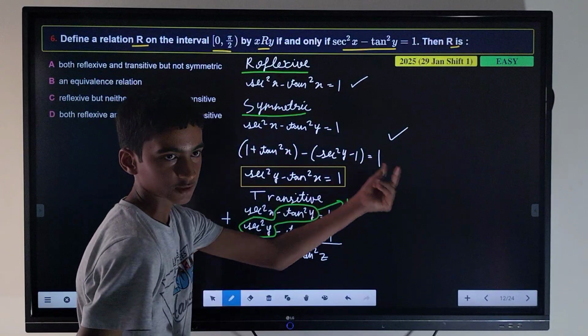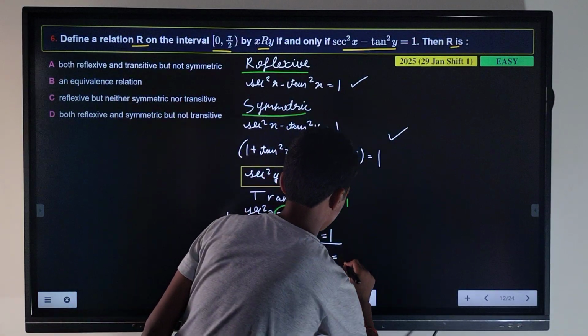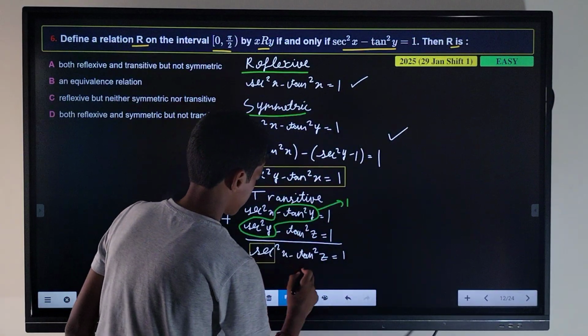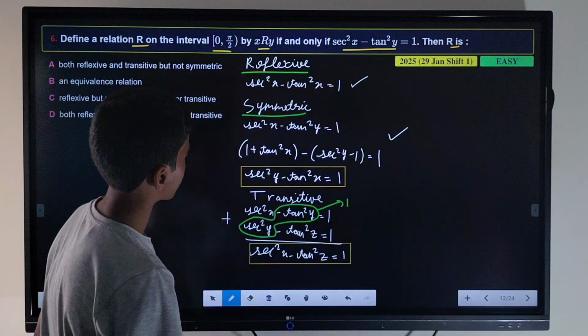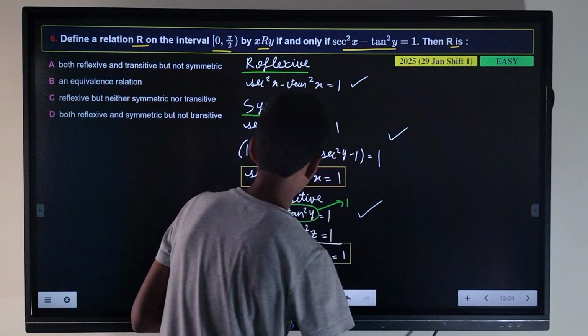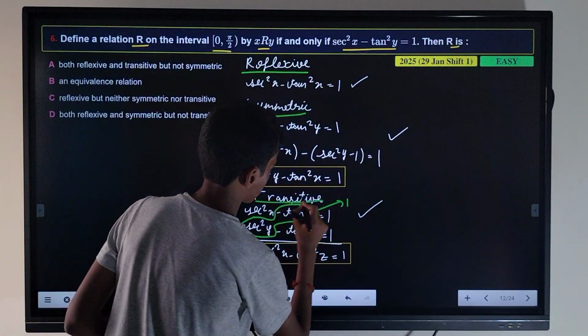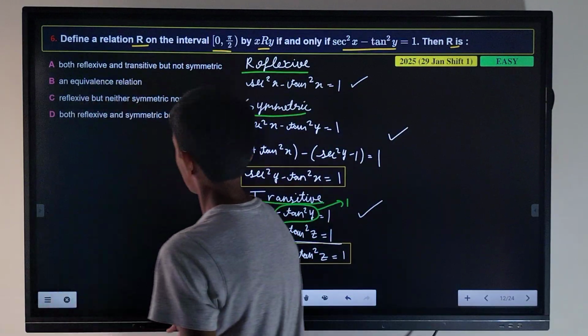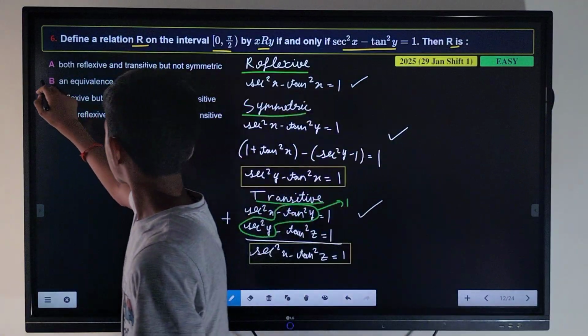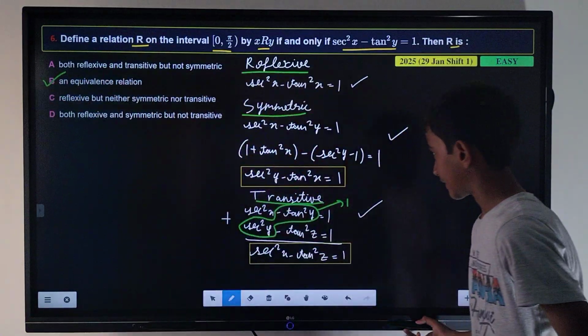Now we will take 1 to the right hand side. This is equal to 2 minus 1 equal to 1. From this equation, we prove that our relation is also transitive. So our relation is symmetric, reflexive and transitive. So from here our option B is correct.